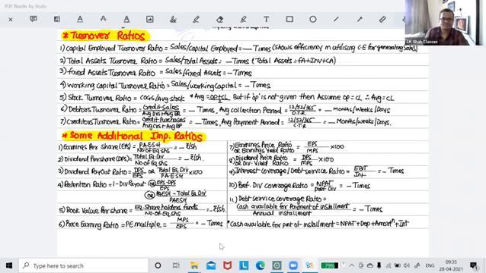Then what is required? Shalini is there in the meeting. Theory for approaches for both.